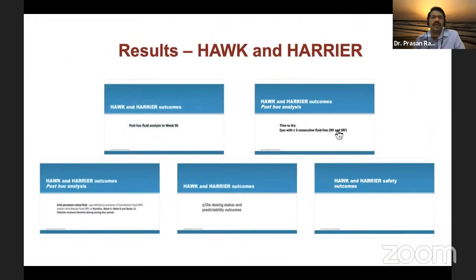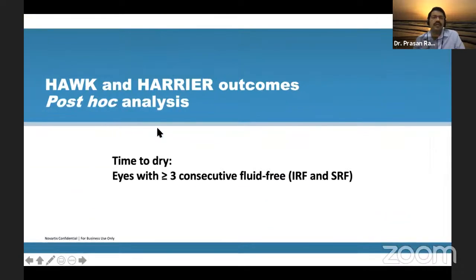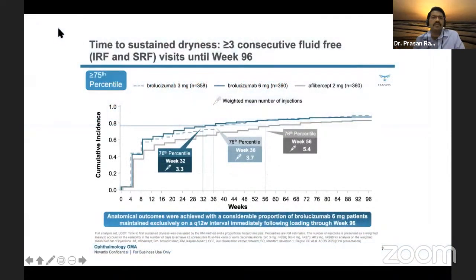Let's look at the time to dry. This is a post-hoc analysis trying to look at the time to dry, which is eyes with three or more consecutive fluid-free follow-ups. The time to sustained dryness with brolucizumab was achieved in 96 percent of patients at week 32 with 3.3 injections. That is much lesser as compared to aflibercept, which was achieved at week 56, and patients required 5.4 injections.